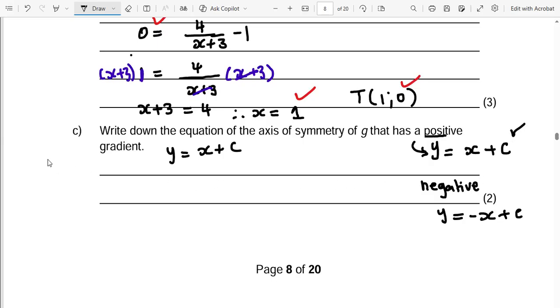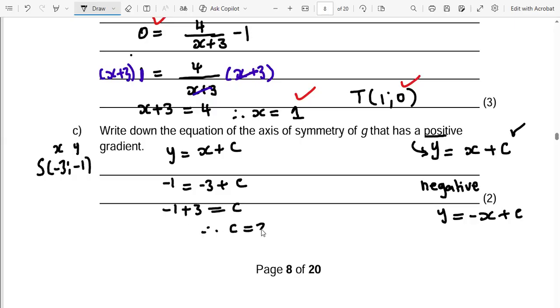Where there's y, we substitute minus 1, and where there's x, you put minus 3, plus c. So the minus 3 comes to this side to be positive. And what is c? c is just 2.